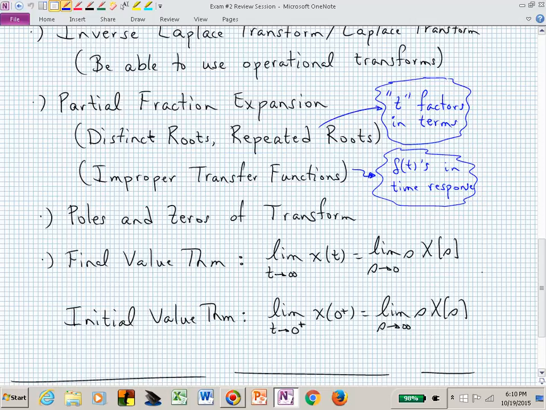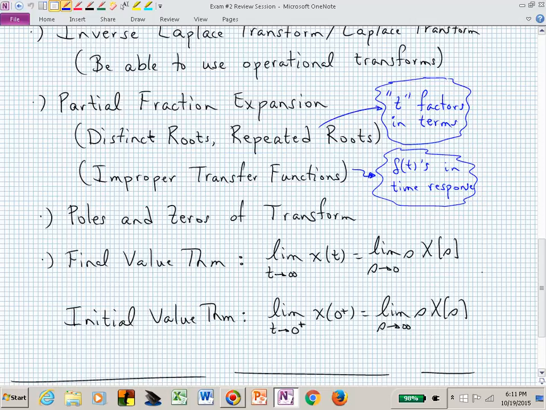If that limit exists, you can apply it. That's not the case for the final value theorem. For the final value theorem, you have to look at the poles of s times capital X of s, and if they're all in the left half plane, then you can apply the final value theorem.